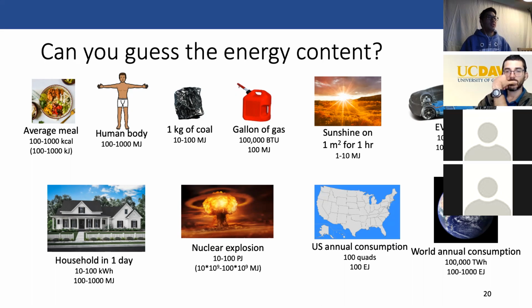The annual consumption of energy across the whole country is 100 quads, or about 100 exajoules. And the worldwide annual consumption of energy is about 10 times higher than that. So measured in watt hours, about 100,000 terawatt hours, or 100 to 1,000 exajoules.